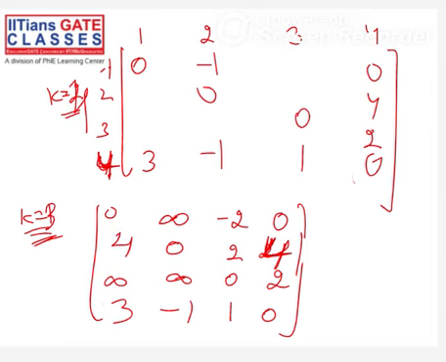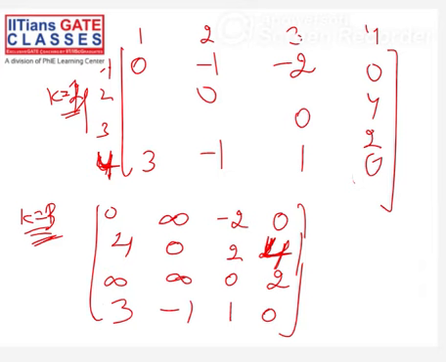Now 1 to 3: 1 to 4, 4 to 3. 1 to 4 is 0, 4 to 3 is 1. Previously it was minus 2, so this will still remain minus 2 because we are getting 1. And minus 2 is a better path. It has even lesser value.